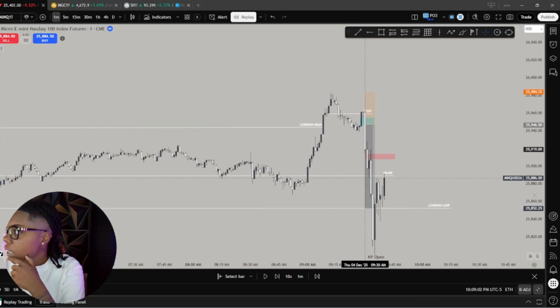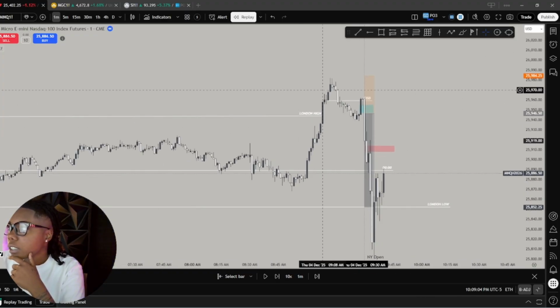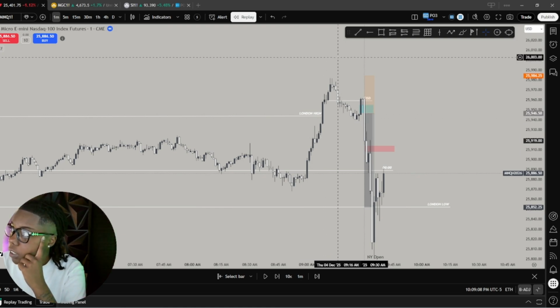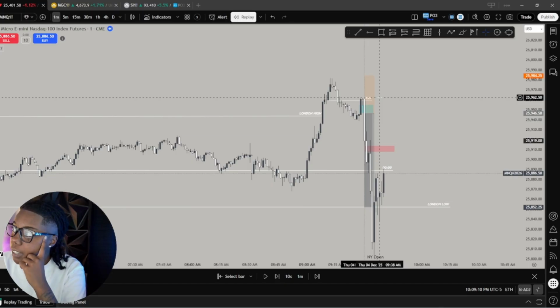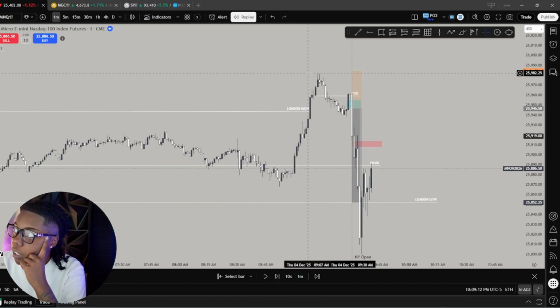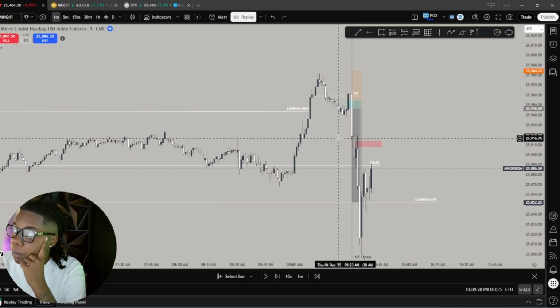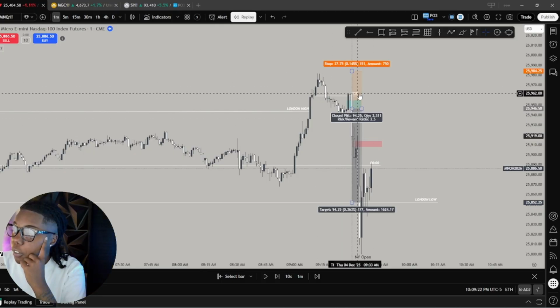So just a quick breakdown of this one here. We take buy side liquidity, London high, which is swept at pre-market. We get a 1-minute CISD. So we go from being in the uptrend to where now we broke a series of up close candles. Not only do we break that CISD, but we come back and retest.